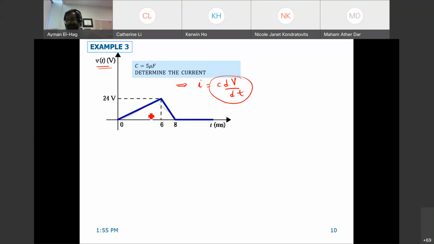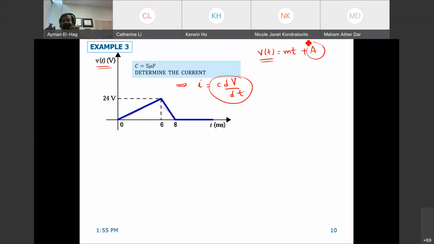Now this is a straight line, so for the straight line the equation will be that the voltage is equal to the slope times t plus a constant a. But since we will take the derivative of this, dv by dt, a will go to 0. So I don't need to find the constant.